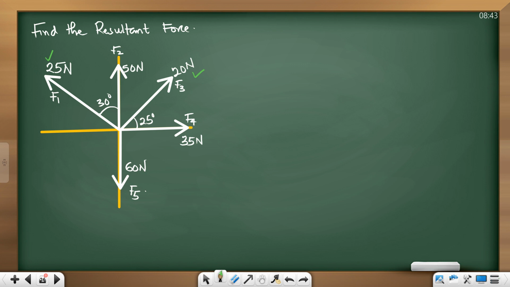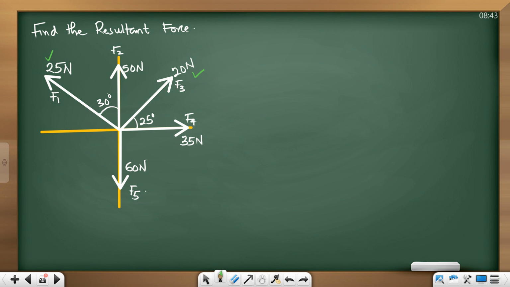My dear learners, when a force has an angle, it is called an inclined force. And those are the ones we are going to resolve. F2, F4, and F5, you don't need to resolve them. Why? They are already vertical and horizontal.